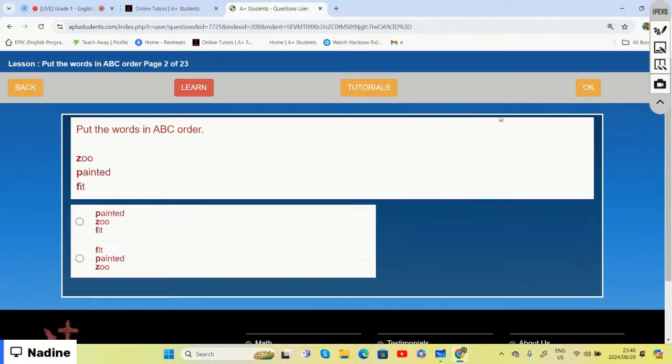Look at these words, right? And look at the first letter of these words. We need to put it in order. We have zoo, paint, and fitted.